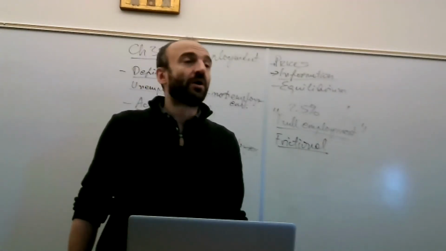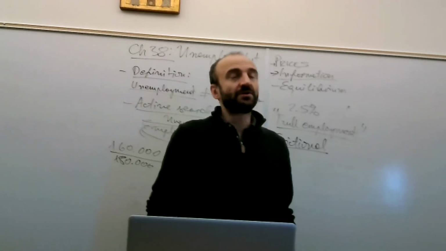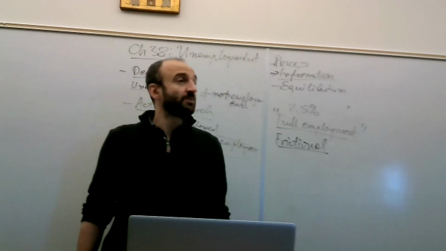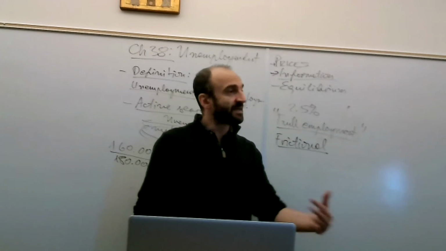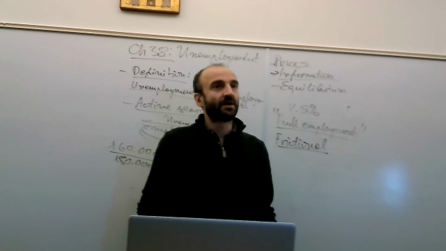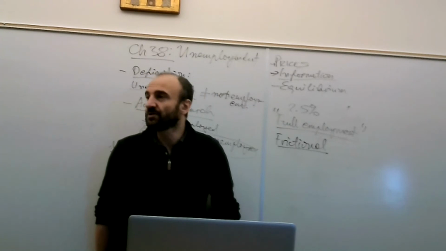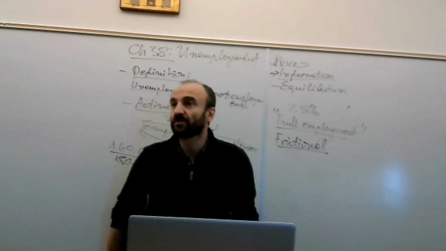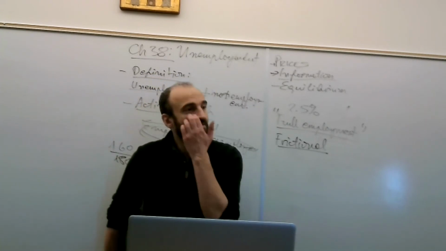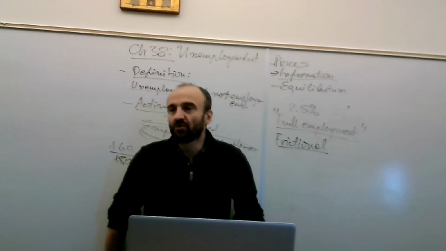So now, how high is this frictional unemployment? How high this baseline unemployment will be depends on a variety of factors. In different countries, it will be different. In the United States right now, it's somewhere between 2 and 3%.